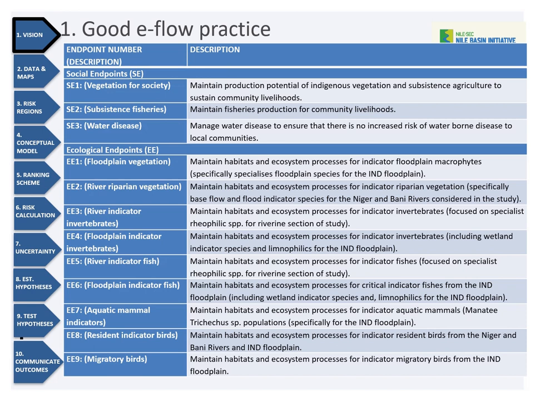Ecological endpoint 8 then included maintaining habitats and ecosystem processes for indicator resident birds from the Niger and Bani rivers, as well as the resident birds from the Inner Niger Delta, and then finally to consider migratory birds that utilize the Inner Niger Delta as a stopover point, or birds that would migrate to the delta during the summers and then migrate back into different parts of the world.